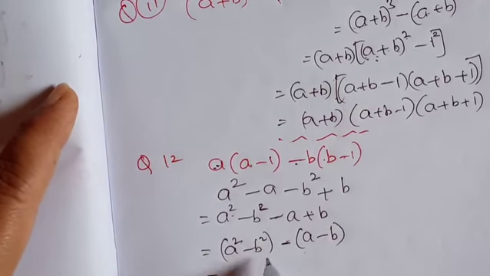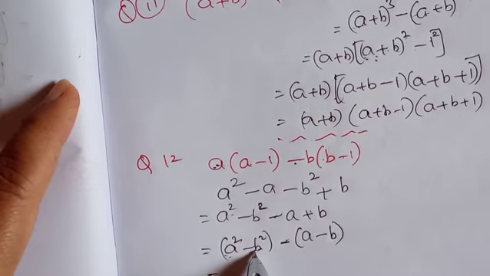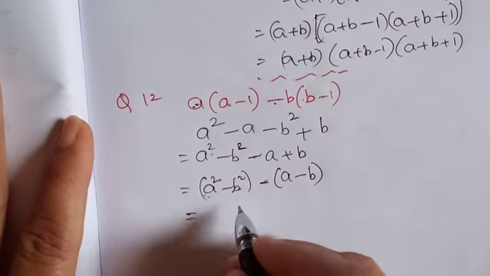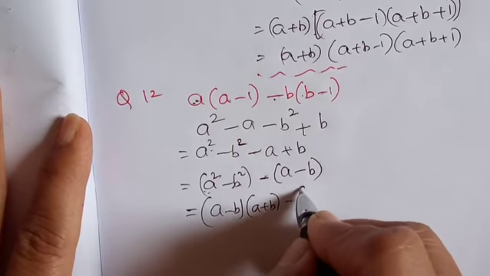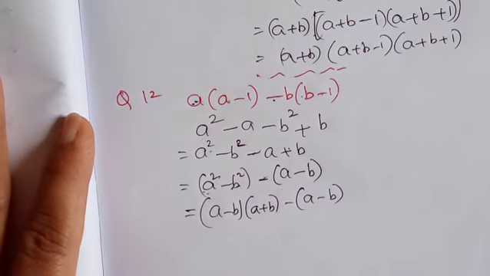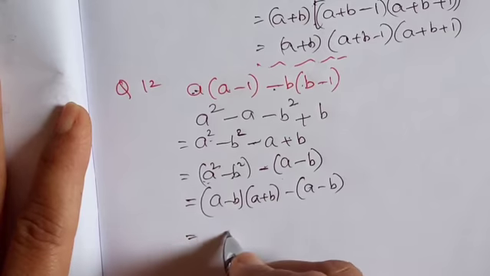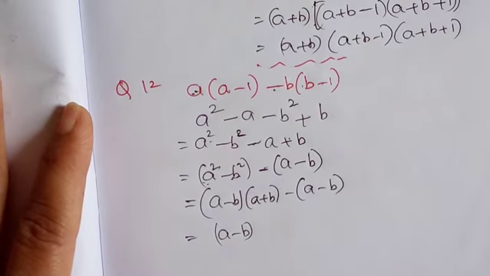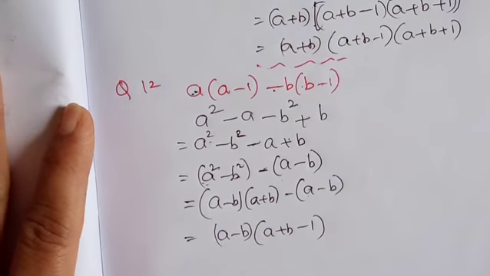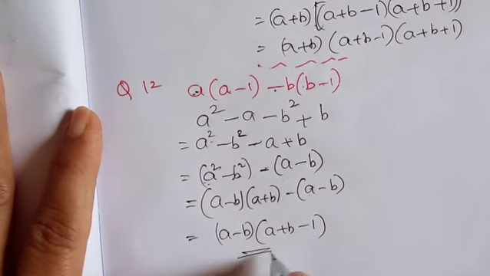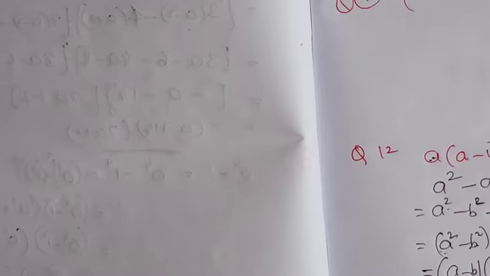From these two, now again we have to split this one square, difference of squares, no? a minus b, a plus b, minus of a minus b. Okay, again from these two terms a minus b is common. What is left? a plus b and minus 1 is left. Okay children, this is question number 12.